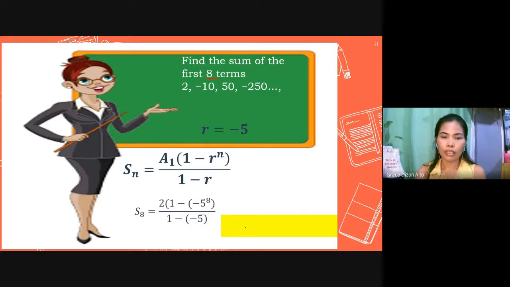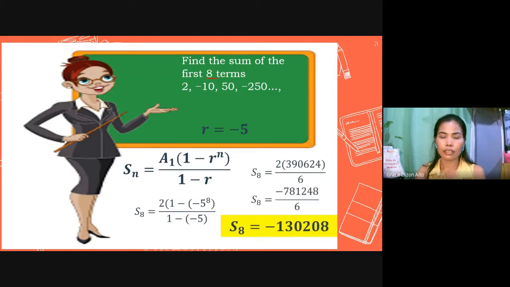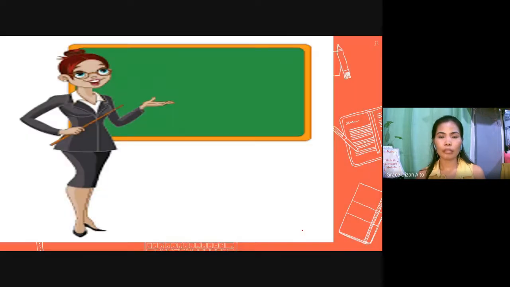Okay, so substituting that, we have negative 5 raised to 8. So this should be negative 390,624. And the answer for that is negative 130,208. So everything is just substitution.